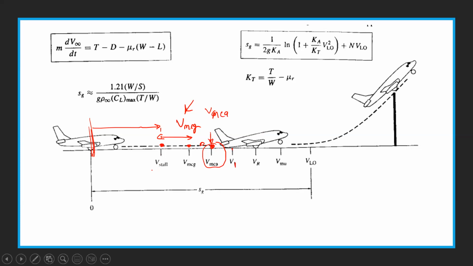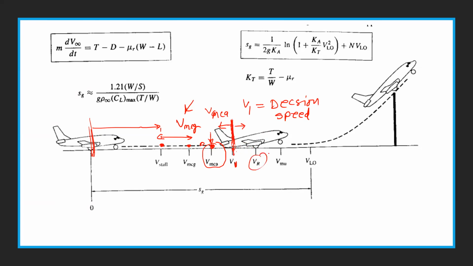It's the decision speed. Decision of what? To either take off or abort. So you do not abort after this; you just take off, and before it you can abort. So this is the decision speed. If engine failure happens after it, you will still take off.